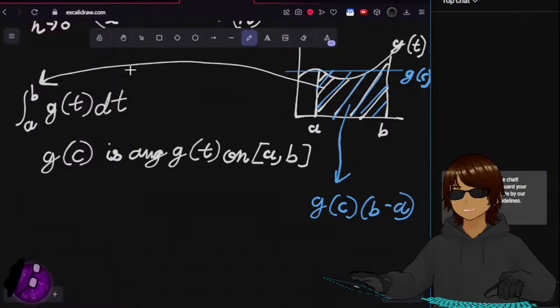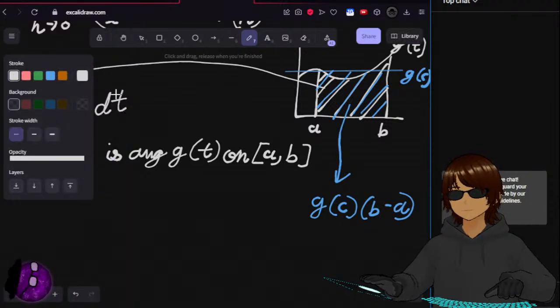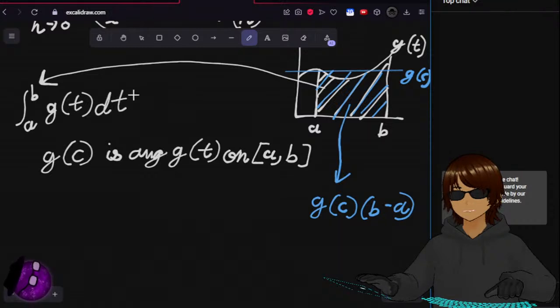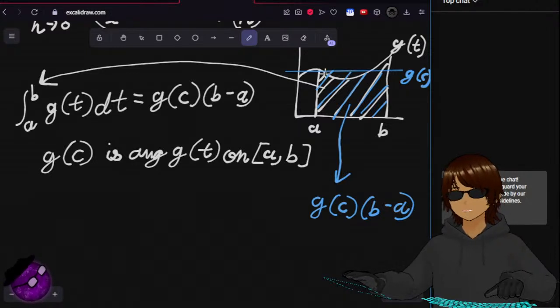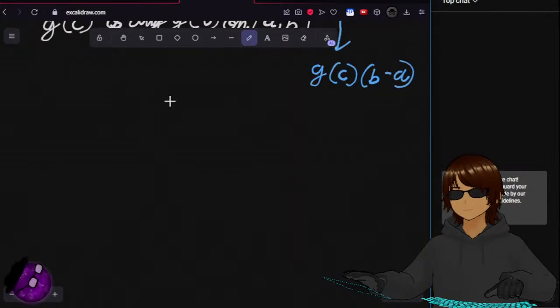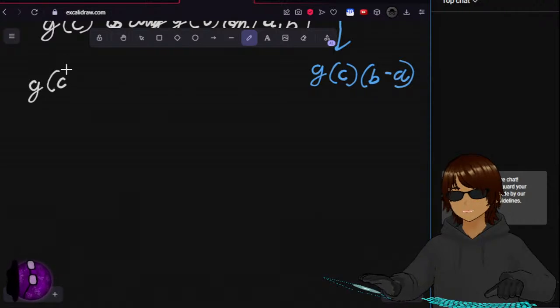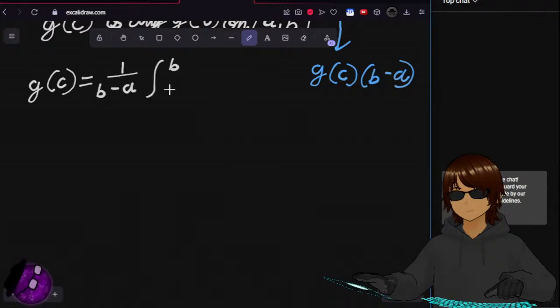Basically what I mean is this is equal to g of c times b minus a, where g of c is like the average. So if I make g of c the subject, I can write it like this.